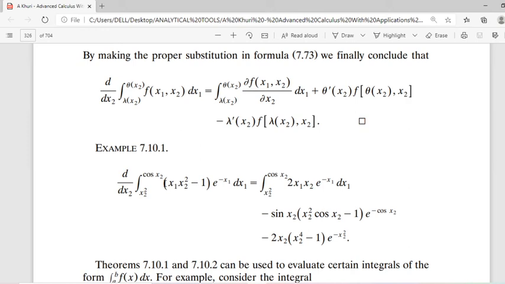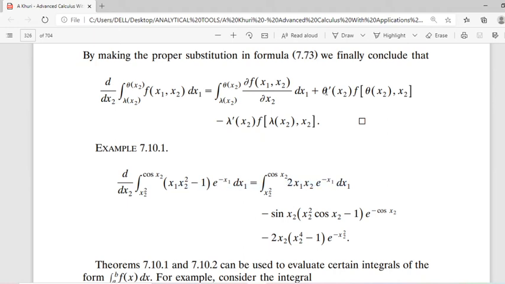The integrand inside this integration, that is the f of x1 comma x2. Identify that. So what is dou f of x1 comma x2 by dou x2? Yeah, differentiate with respect to x2 only. What will be the result? x1 into 2x2 and the constant part e raised to minus x1. So yeah, that appeared here.